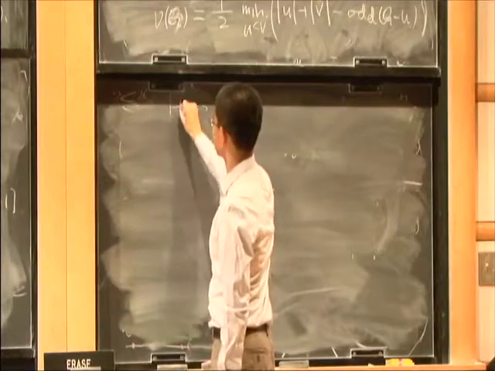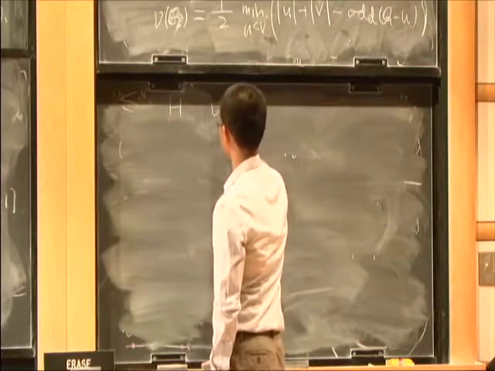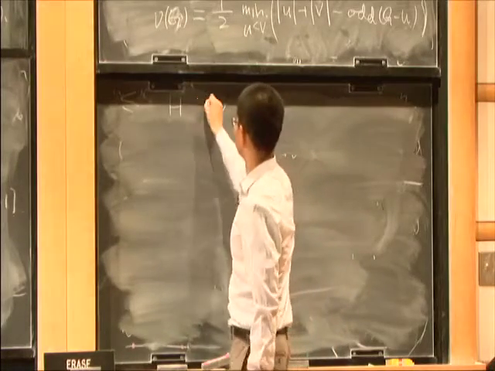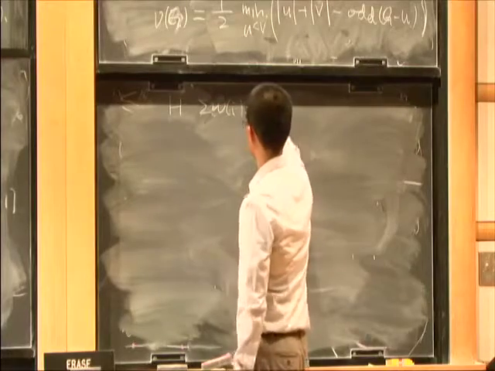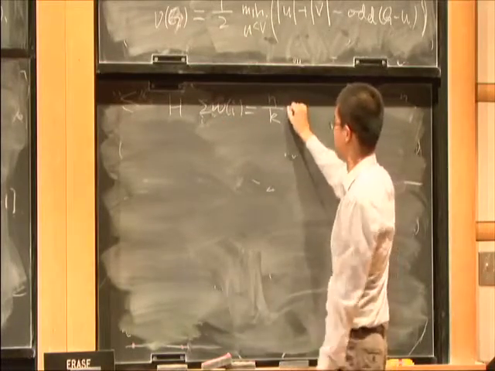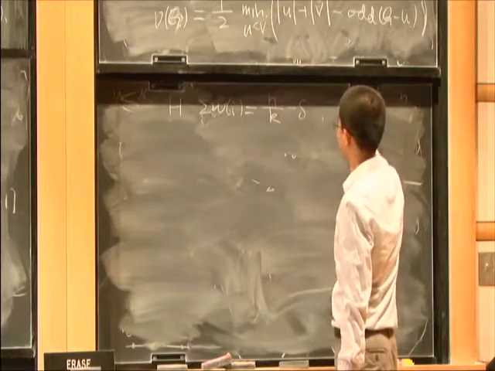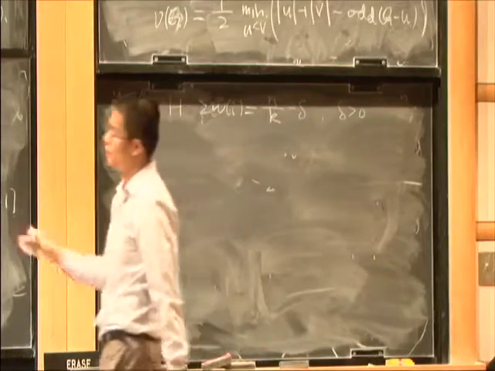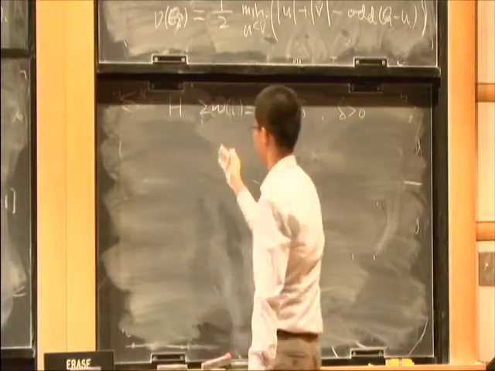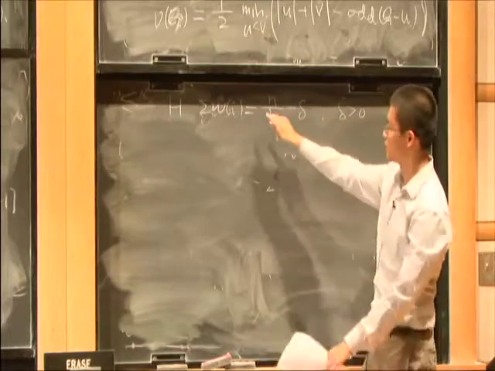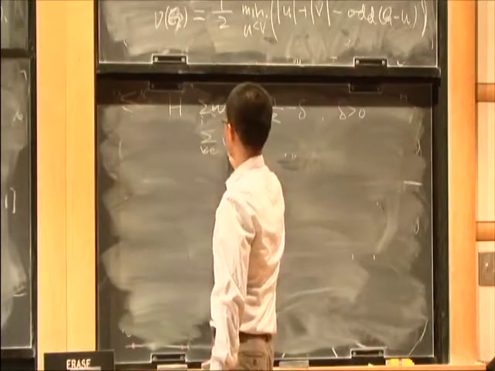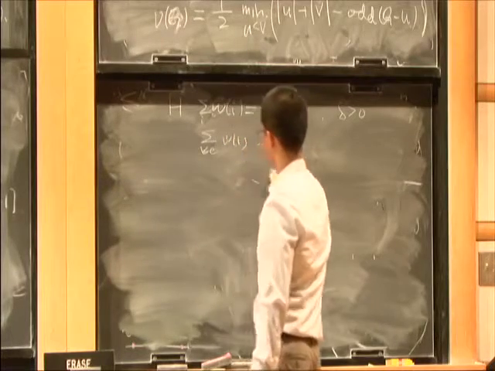So now I have a hypergraph H with a rational cover, let's say W, such that the sum of Wi is equal to n over k minus some delta, where i goes over all the vertices, and delta is greater than 0. So we know that the rational matching number is strictly smaller than n over k, right? So you can assume there exists a weight function such that the sum is less than n over k, and for every edge, the sum is greater than or equal to 1.